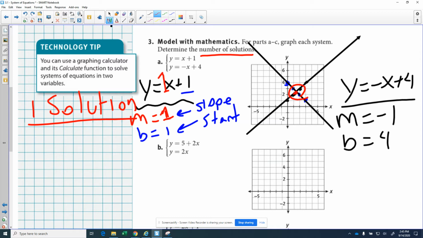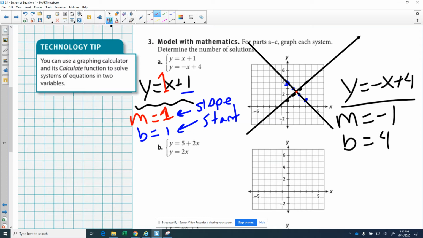Okay? Now, here's kind of the issue with this one. And this is where the issue of graphing comes into play. Even though I can find out that this graph has one solution, when I look at this graph in general, let me take some of these lines away for us. When I look at this graph in general, I really don't know where that point is crossing at. I can guesstimate what coordinate this is, but I don't really know. Okay?